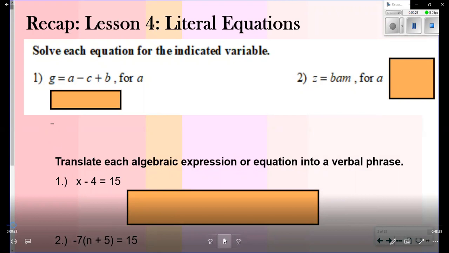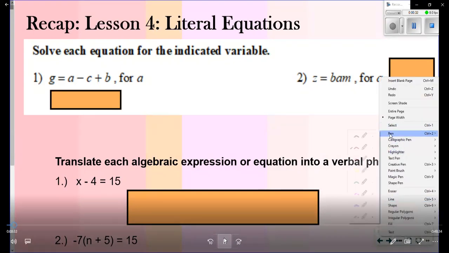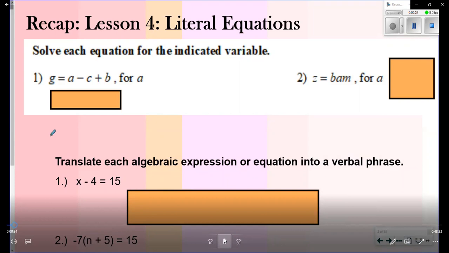So I'm going to write, G equals A minus C plus B. We're solving for A. For this one, we're going to add C on both sides. So I'm just going to move this up.